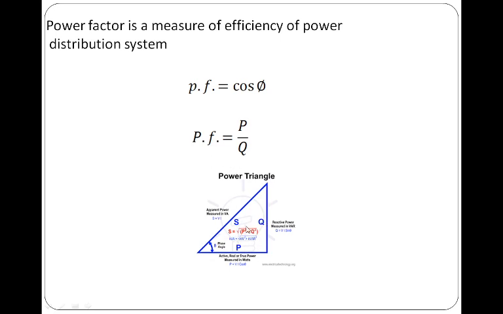But if we consider the basic trigonometric ratio, cos theta is adjacent over hypotenuse, so the adjacent, which is P, over the hypotenuse.